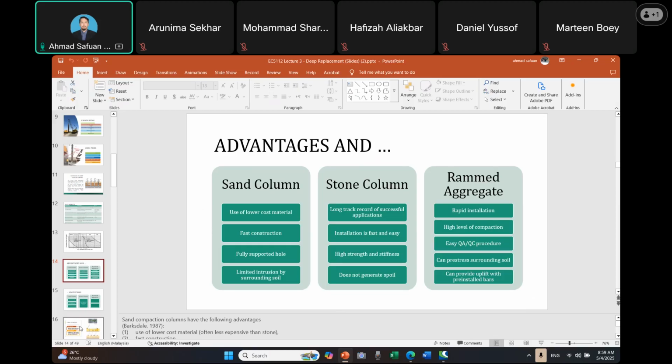So for the sand column, use of a lower cost material, it is a fast construction, fully supported, with limited intrusion by surrounding soil.